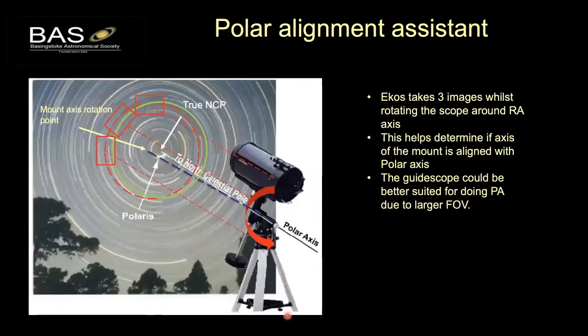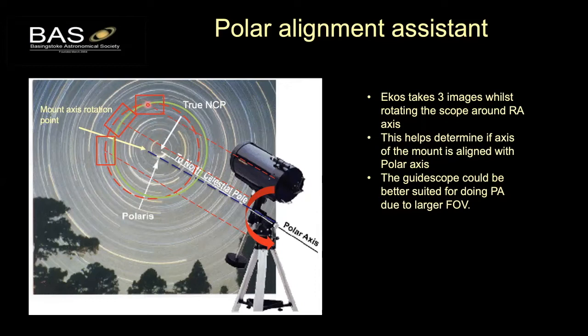So coming to the polar alignment assistant. The way EKOS works, and I think it's the same way as SharpCap and a lot of the other tools, is pretty simple. It basically takes 3 images, 1, 2, and 3, whichever direction.